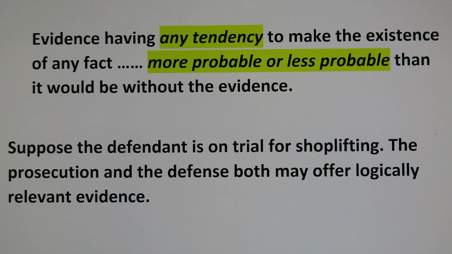Okay, so that is also the evidence that satisfies the logical aspect of relevancy, because if you offer this alibi evidence, that would make the fact that the defendant committed the shoplifting less probable than it would be without the evidence, right? So that would fit into this definition.